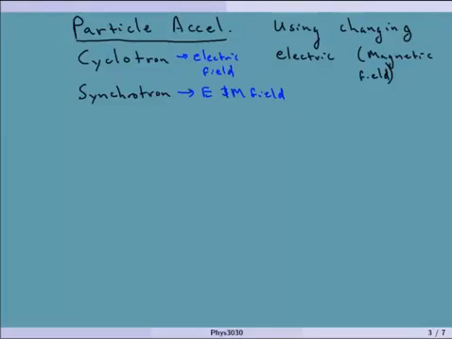But the idea is that you use high energy particles to probe smaller and smaller structures.